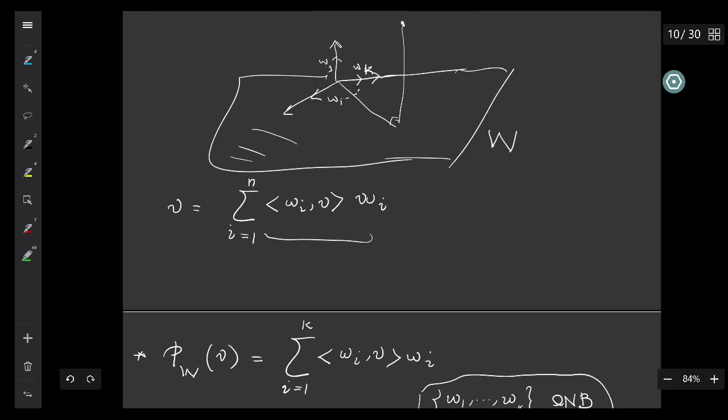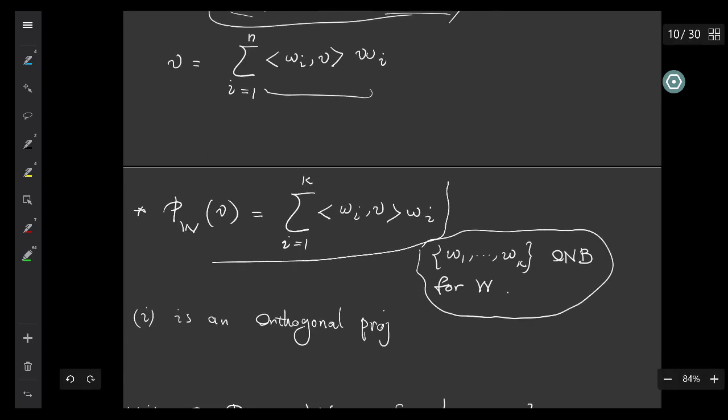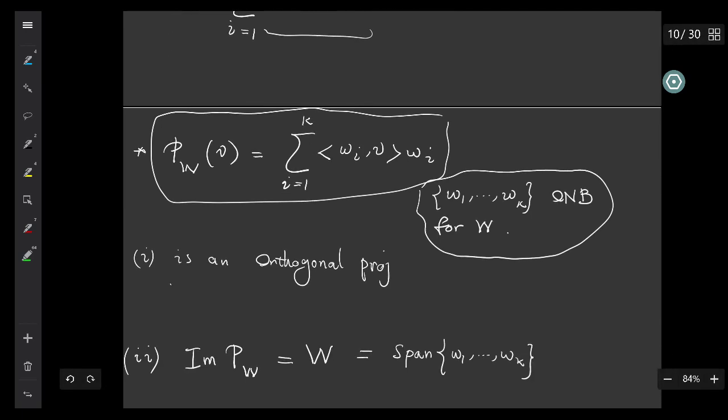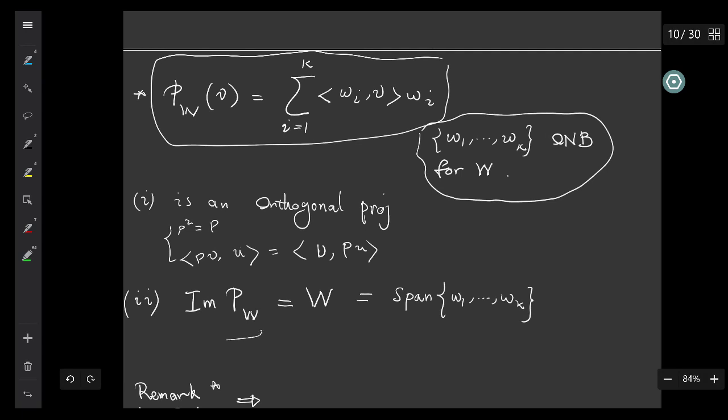This means that if W1 through Wk are an orthonormal basis for W, then as soon as we prove that this is an orthogonal projection, meaning that it satisfies P squared equal to P, and the second property, that the inner product of Pv with u equals the inner product of v with Pu for any two vectors of the space, then because the image of Pw is equal to W, the subspace spanned by W1 to Wk, Pw is determined.